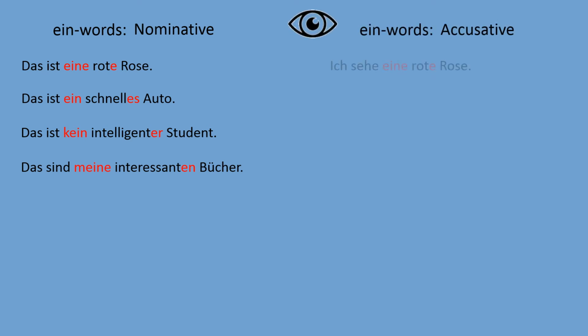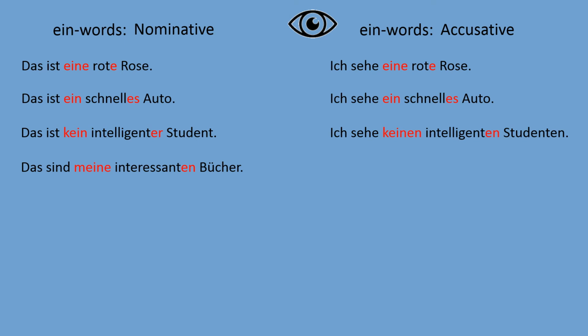So I can always say that I see a red rose. Ich sehe eine rote Rose. Or I see a fast car. Ich sehe ein schnelles Auto. Or I can say I see no intelligent student. Ich sehe keinen intelligenten Studenten. Or I can say I see my interesting books. Ich sehe meine interessanten Bücher.